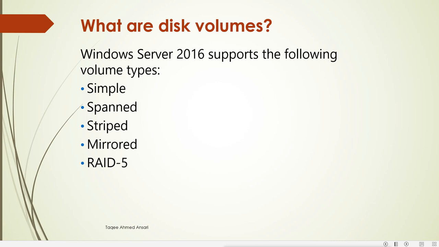That means if you have two disks of 60 GB, and you want to create an 80 GB partition, you can create it by combining those two disks. For example, if you use only one disk, you can create a maximum of a 60 GB partition. You cannot create an 80 GB partition. But if you want an 80 GB partition, you can expand the partition from one disk to the second disk.